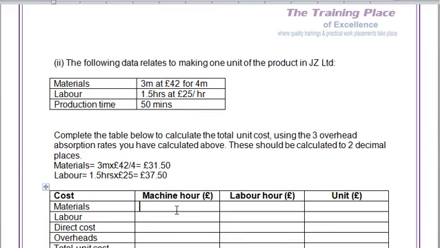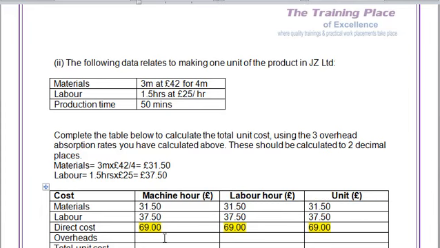So I can now throw in those figures into the table below, nice and smooth, and then I get the total, which is £69, and that will remain the same across each of the columns.